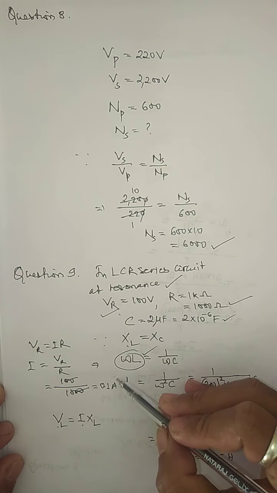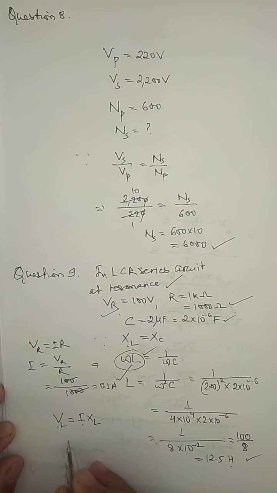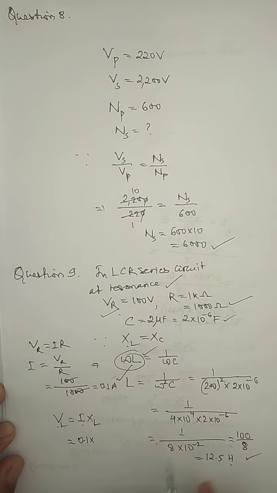So children, look at it, the current that I calculated is 0.1 ampere. Now we can calculate the voltage. The current is 0.1, XL means omega L. Now, omega is how much?